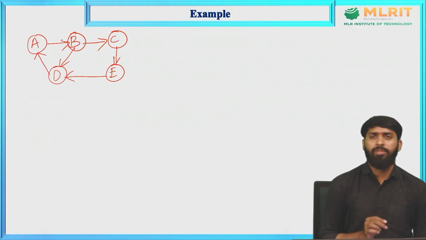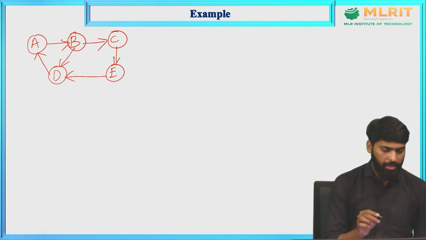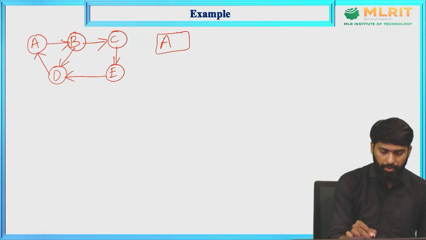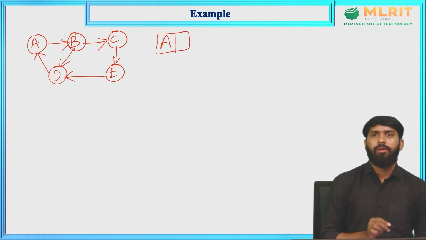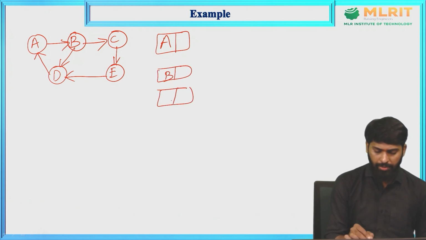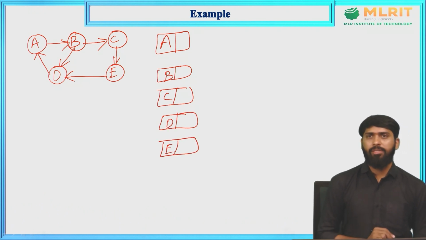Now we represent this graph with the help of a linked list. Now what is the first one? A. So A is one node, one vertex. Another vertex is B. Another vertex is C, D, E. All these are the vertices in the graph.